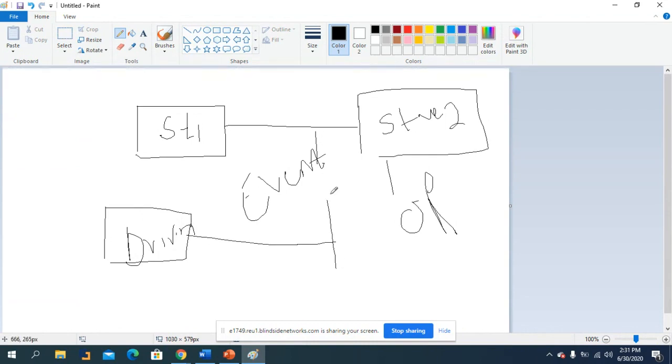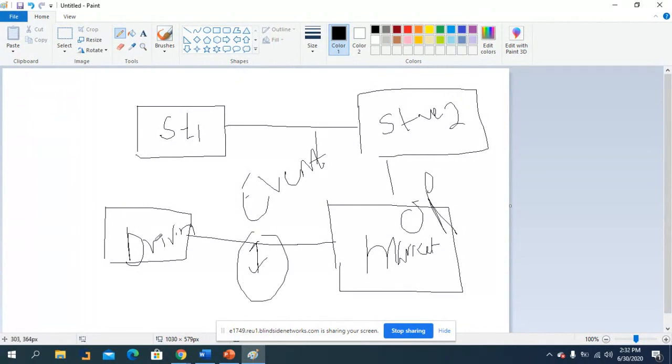Maybe you are driving to the market. So which event is supposed to be here? This is the event that makes sure you can go to the market. Maybe we are driving a car.